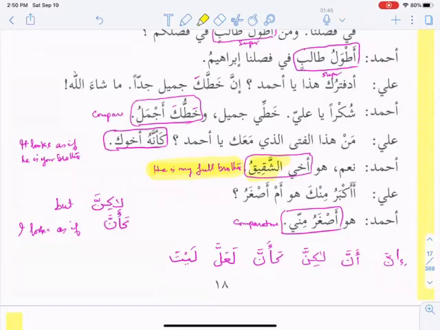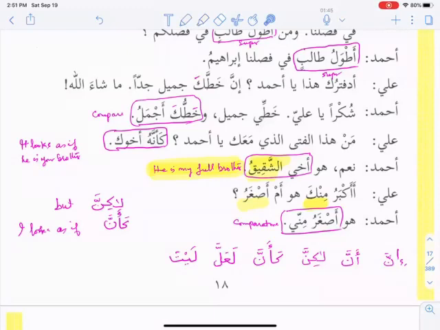Akbaru minka huwa am asgaru? Is he older than you or younger than you? What is the reply? Huwa asgaru minni.